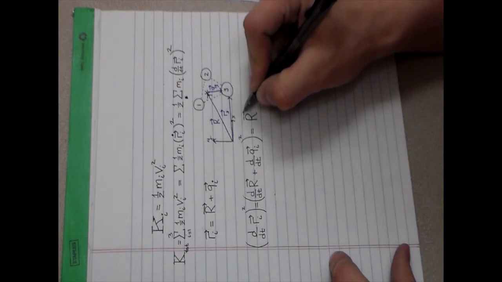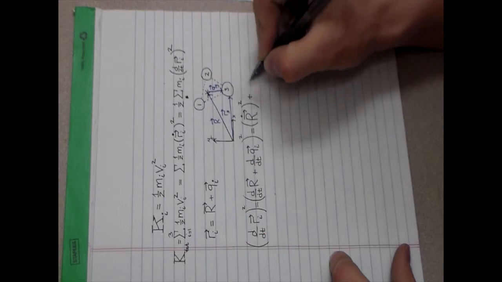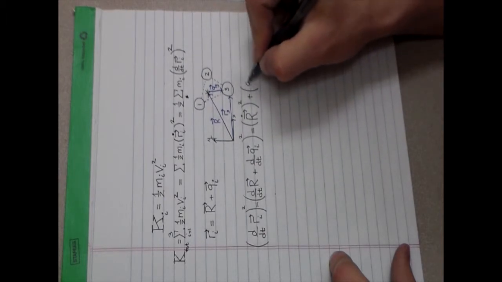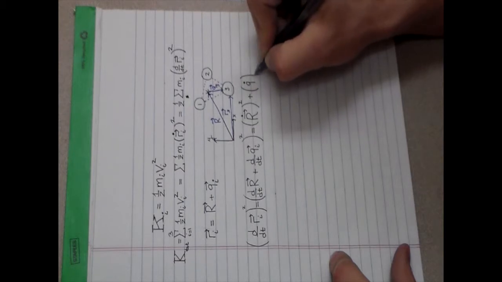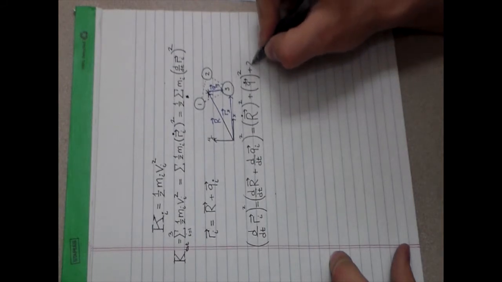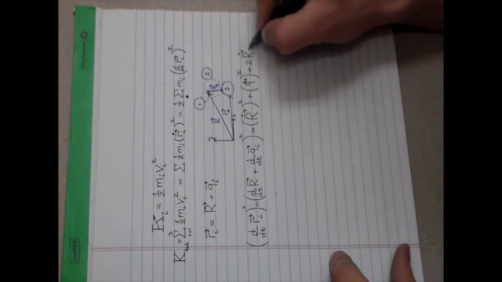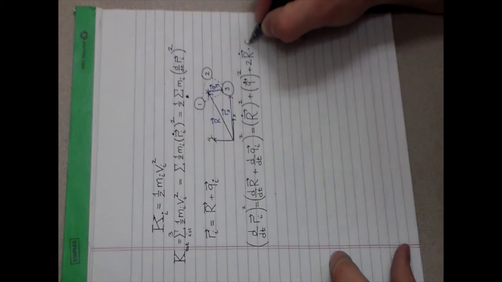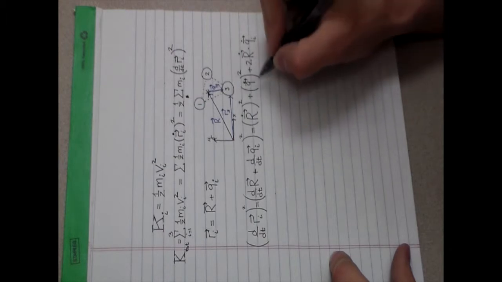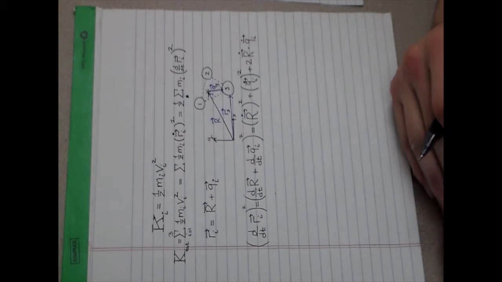I'm going to have vector R dot squared plus the vector q dot squared, right, plus 2 R dot, and then times q dot. There we go. Okay. Alright, so we're doing good so far. Not too bad.